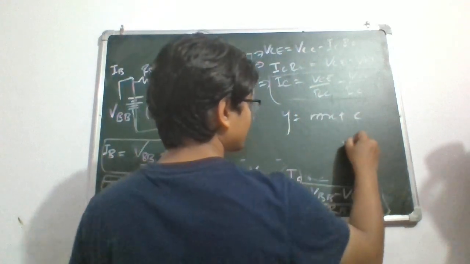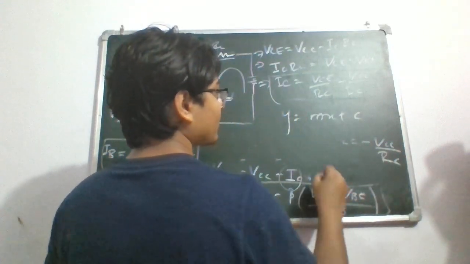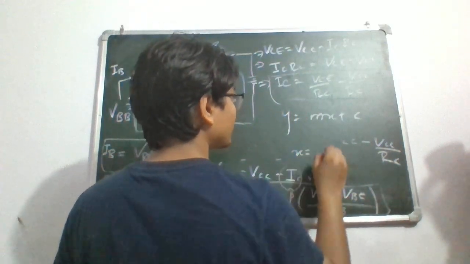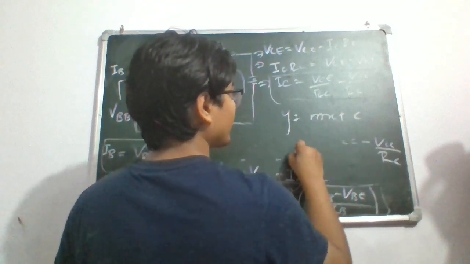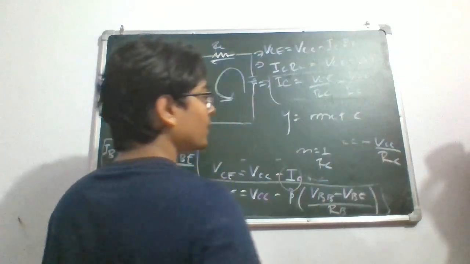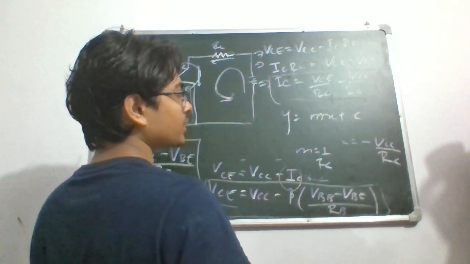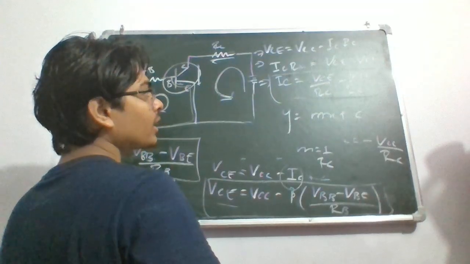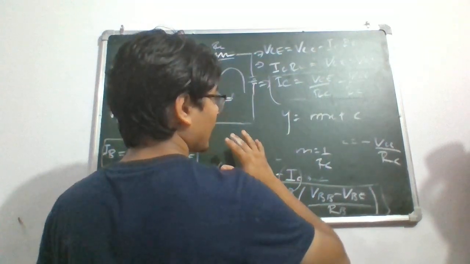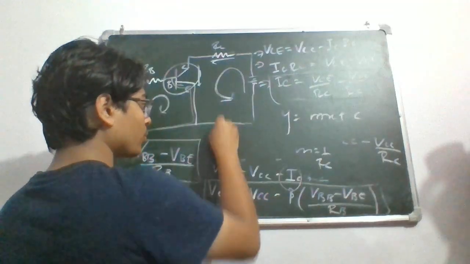Where C is minus VCC by RC, and M is 1 by RC, right? So if you express this in this way, then you would get something like this.